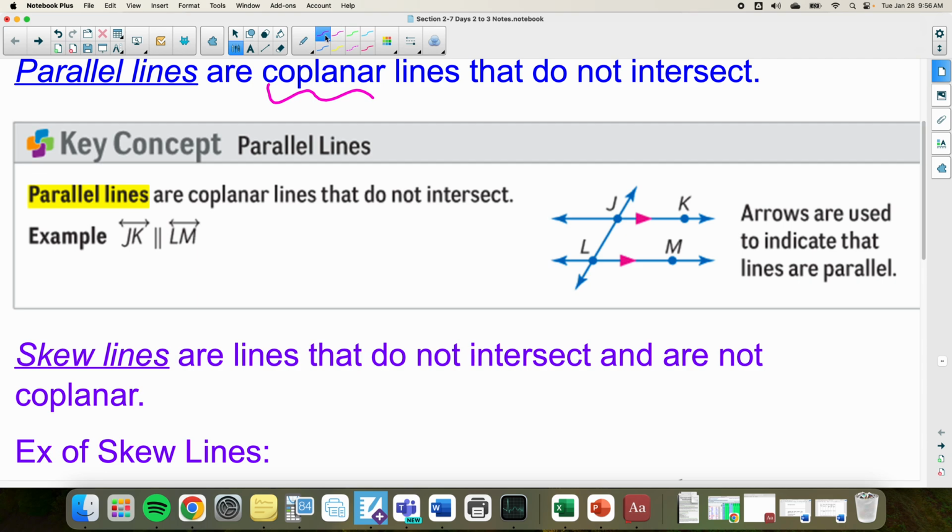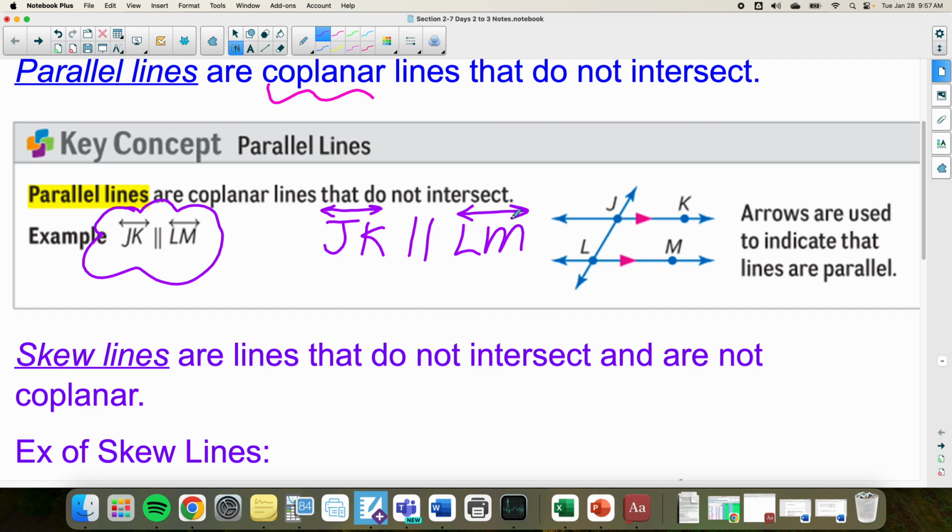The other way that you can show that two lines are parallel is with two vertical lines. So if I'm saying this line and this line are parallel, I would say line JK with a line above it is parallel to, two vertical lines, and then line LM with a line above it.